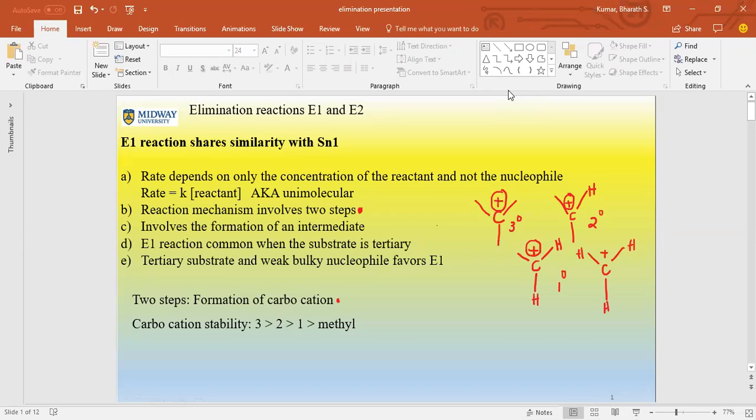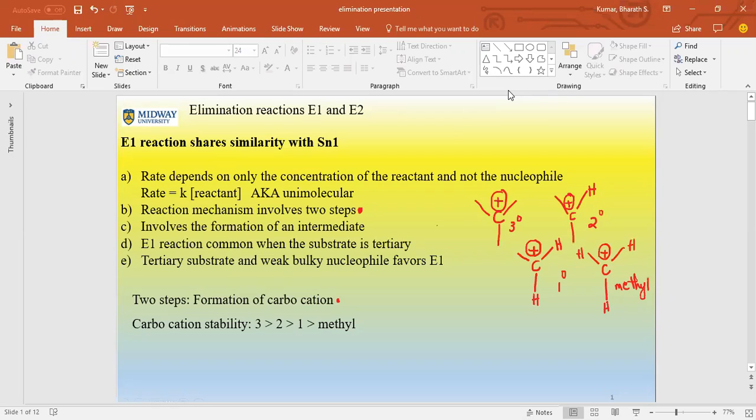We call it a methyl carbocation. And the stability is, if your reactant contains a tertiary substrate, then you will have a tertiary carbocation.